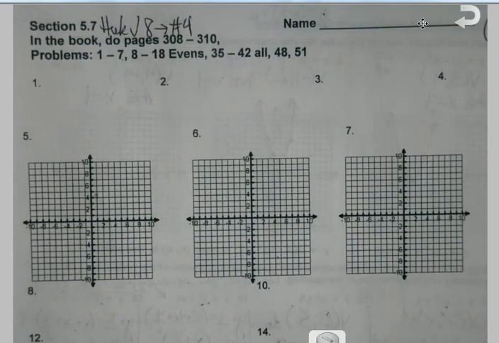I'll have this listed on the backboard here in a bit because it looks like I haven't done that yet. You get a couple of graphs, but for the most part what you're doing is a lot of completing the square practice just to get it into a form that's a little bit easier to work with. And then we will just kind of keep plugging along here a little bit tomorrow.